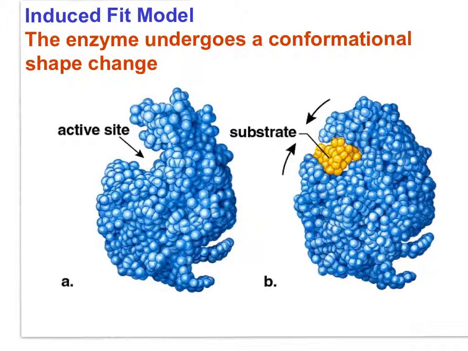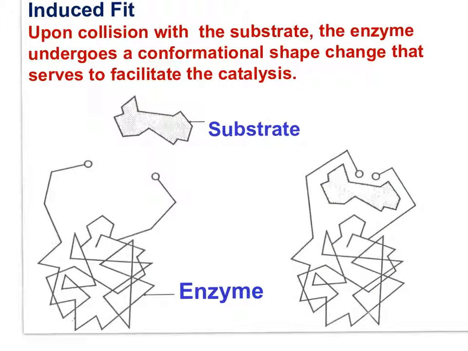In this diagram, you can see the conformational shape change of the enzyme as the substrate enters the active site. In this diagram of the induced fit process, upon collision with the substrate, the enzyme undergoes a conformational shape change that serves to facilitate the catalysis of the reaction.